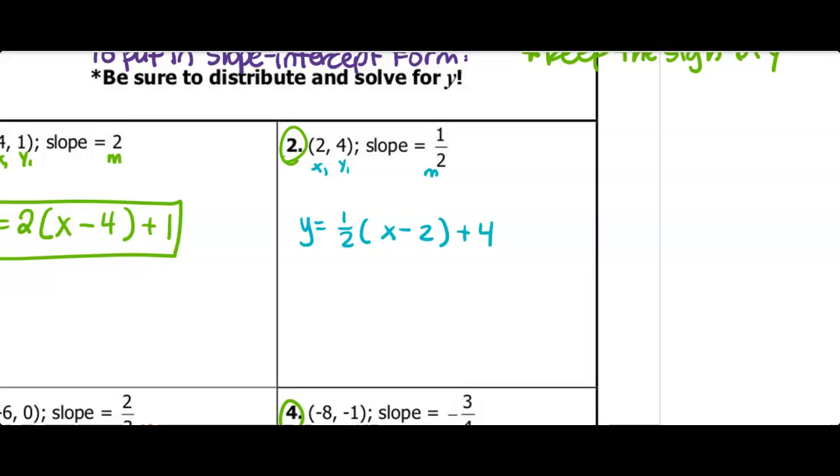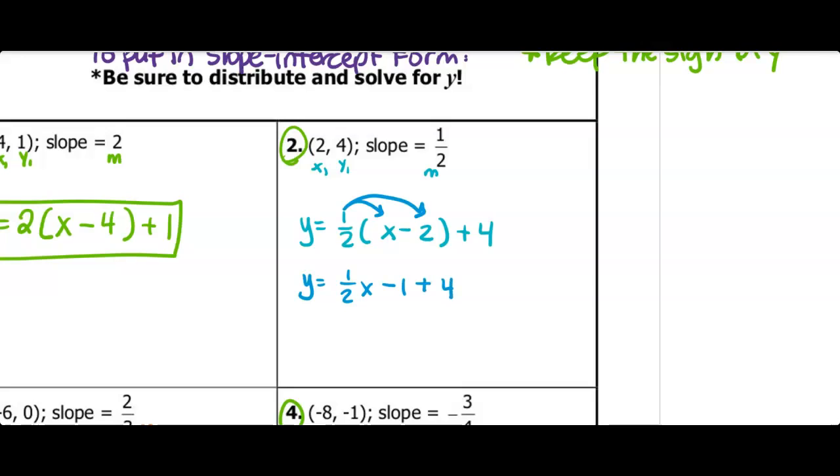And then the next step is just going to be to distribute and get rid of your parentheses and then combine your like terms. So you're going to do 1/2 times x and 1/2 times -2. So we get y is equal to 1/2 x, and then 1/2 times -2 is -1, and then we just add 4.